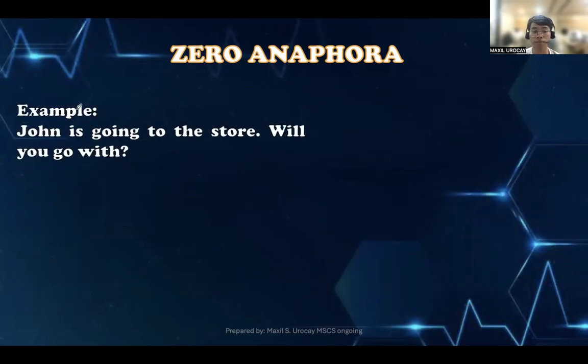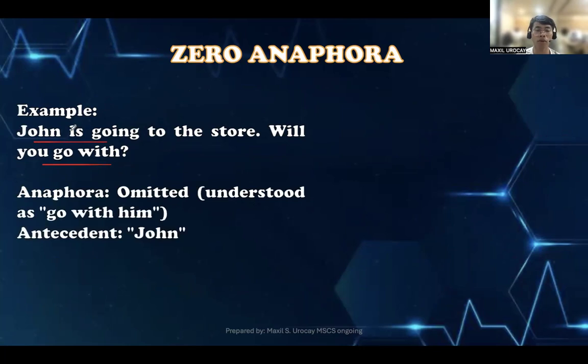Another example: John is going to the store. Will you go with him? So here, the anaphor we omit is "him", understood as "go with him". So our antecedent is John. I'm so sorry, it is "will you go with him?"